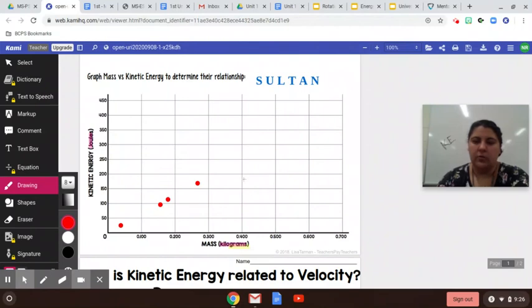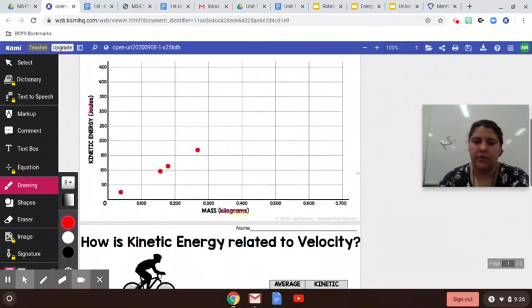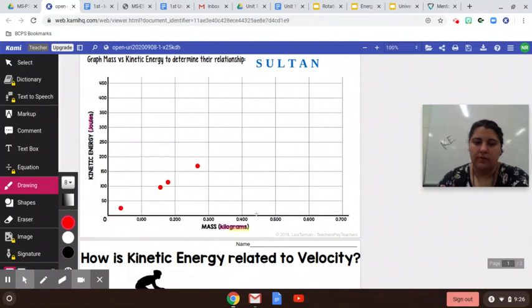And then what did we say the joules were? 270, sorry. So 0.44 right about here, and 270. So we're going to go 250. And it's going to be pretty close to the middle of this square, between 250 and 300. So a little under. So I'm going to put my dot right about there.